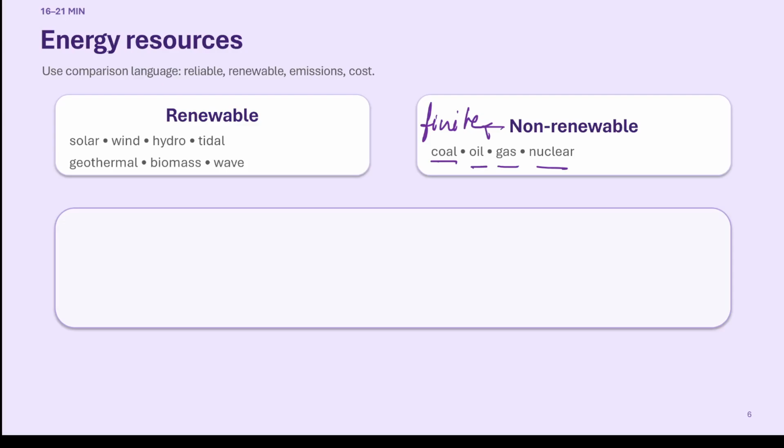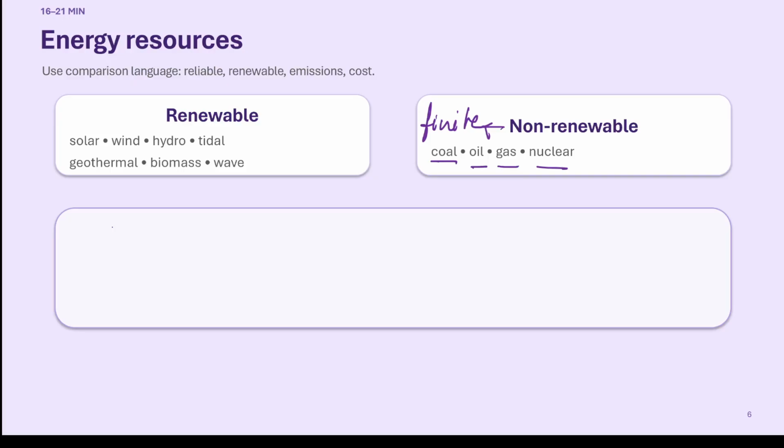Now, why don't we want to use non-renewable energy resources? First, they're finite, they're going to finish. Why do we want to use them? Because they are reliable. Cost: they're not as expensive as creating a wind power plant. The biggest disadvantage of the non-renewable resources is for the environment.